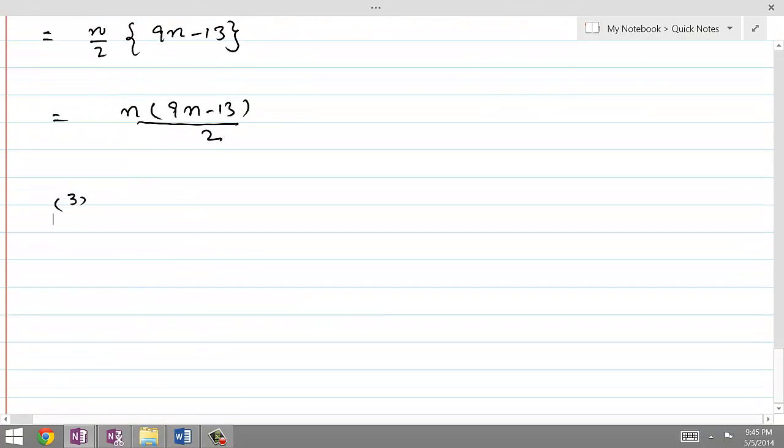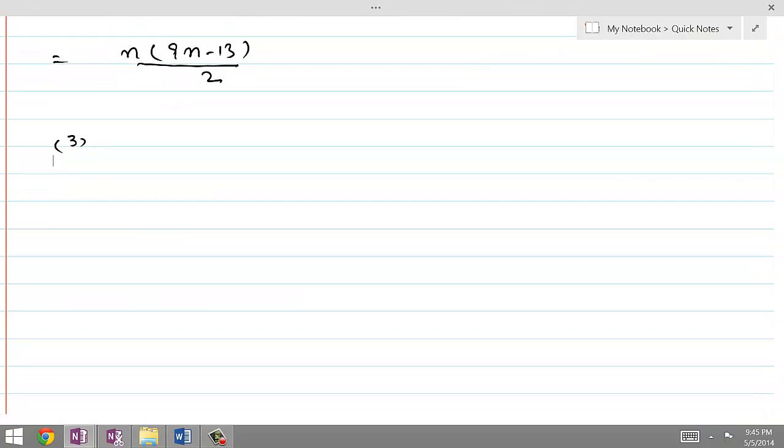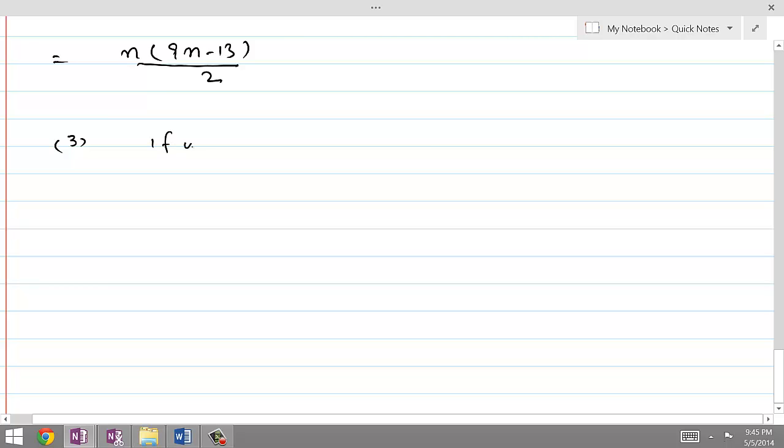If we are going to consider 5 numbers, remember this, if we consider odd numbers in AP, the middle number we take is A, and we take the next number A plus D and the preceding number as A minus D.